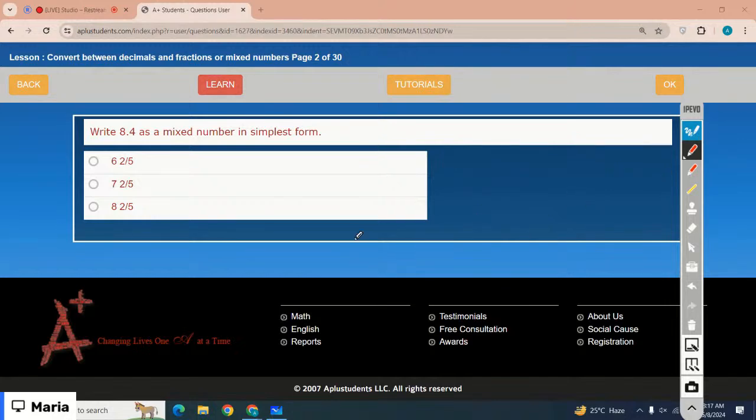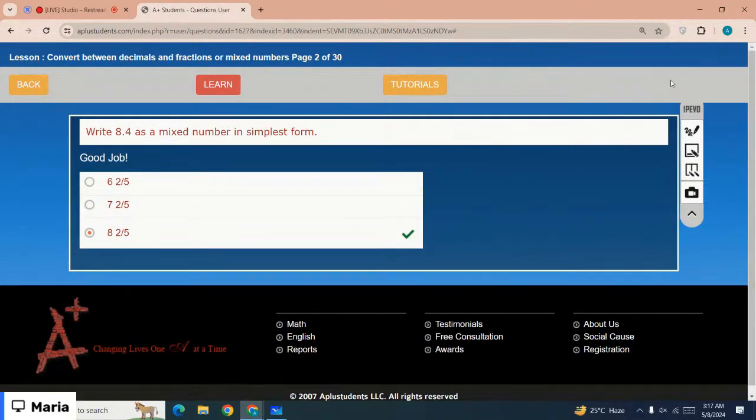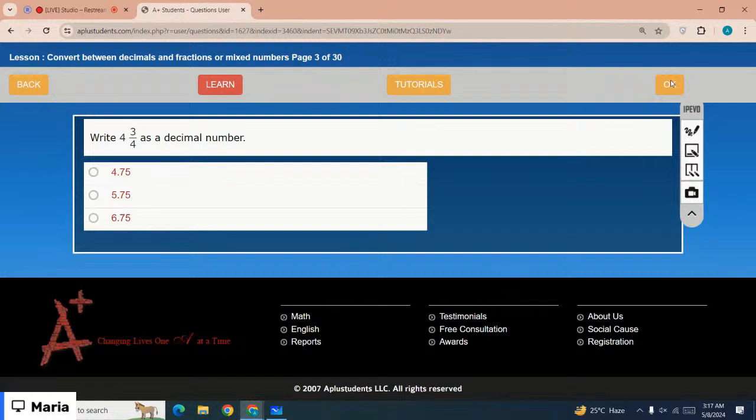Okay, the next one is write 4 whole 3 by 4 as a decimal number. So which is the correct option?